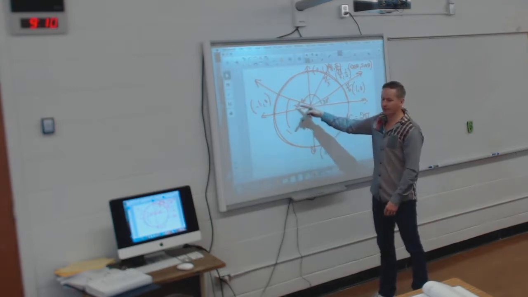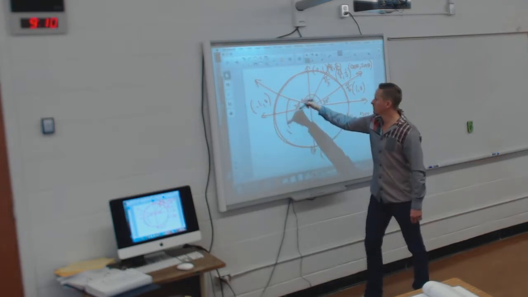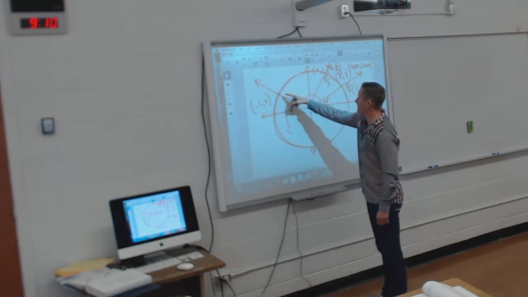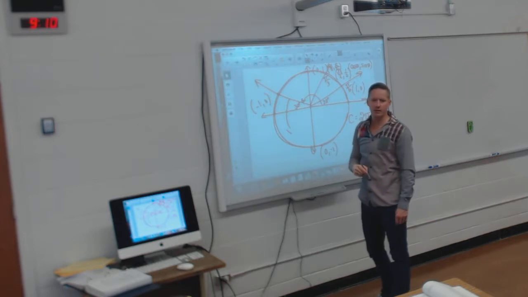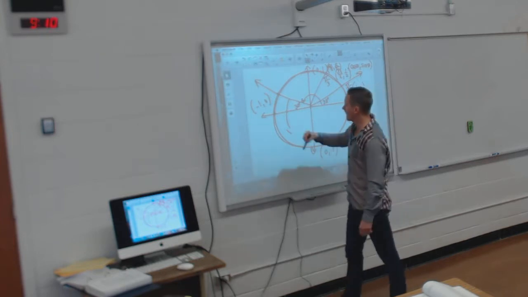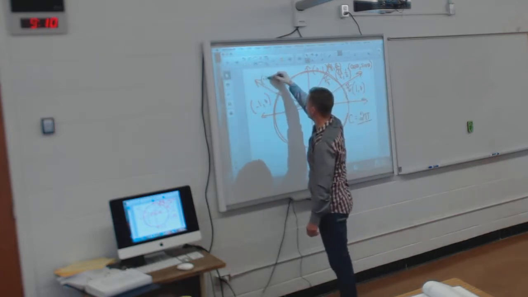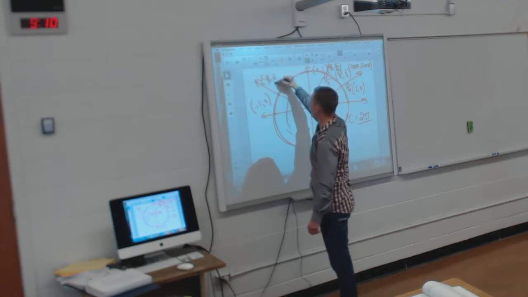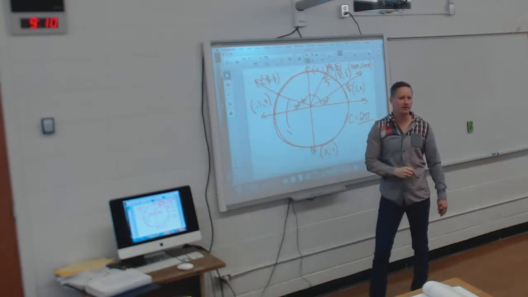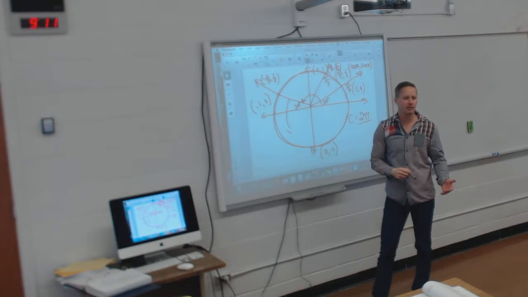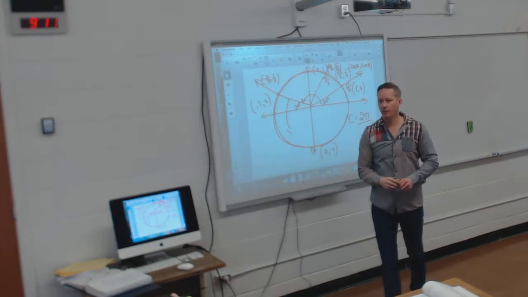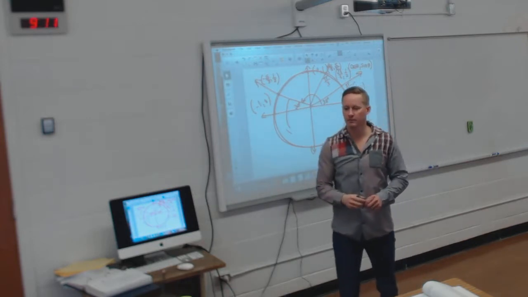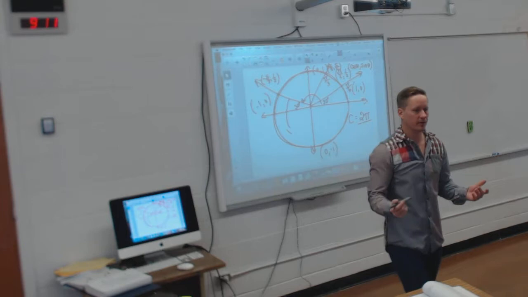So I made another 30, 60, 90 triangle. This guy has the same exact values as this with one glaring difference. What is it? One's a negative. So this becomes negative root 3 over 2 and a half. So what's the sine of 150 degrees then? What's the exact value of it? Yeah, it's a half. And what's the cos of 150? Negative root 3 over 2.